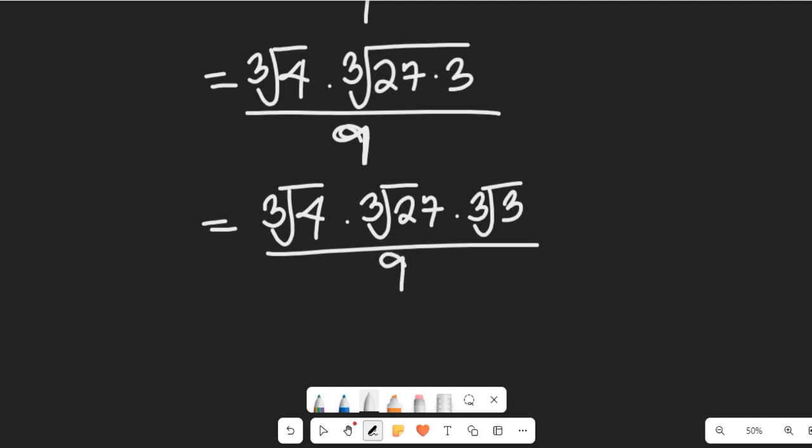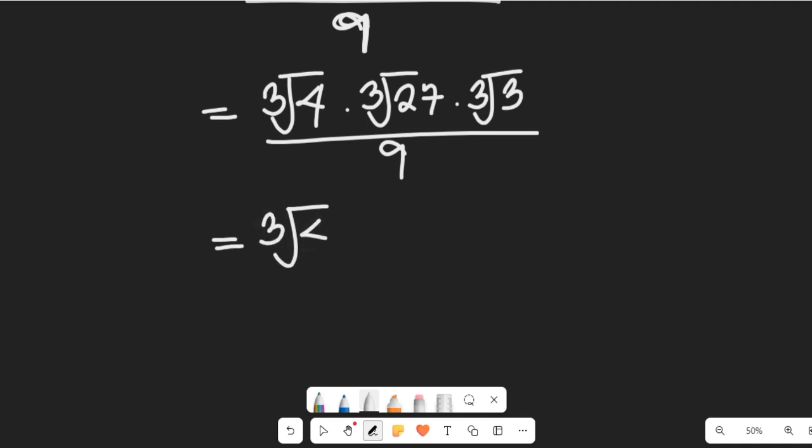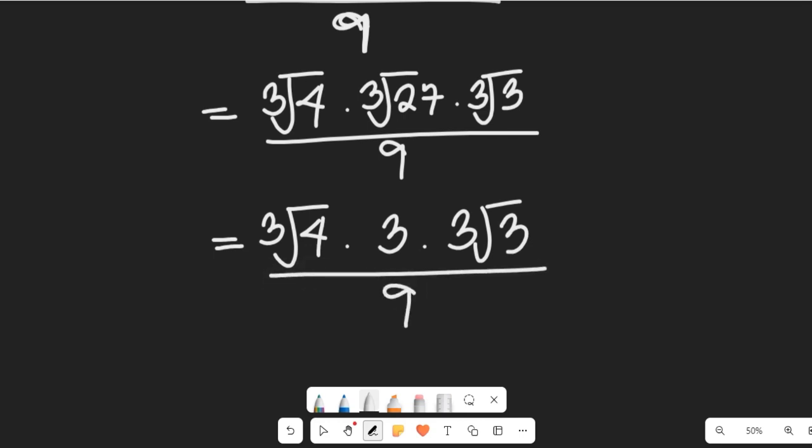Great. Now, if we simplify that, you find out that the cube root of 27 is going to give us 3, right? So we are going to have that expression give us the cube root of 4 multiplying 3 cube root of 3, and all of these will be divided by 9.